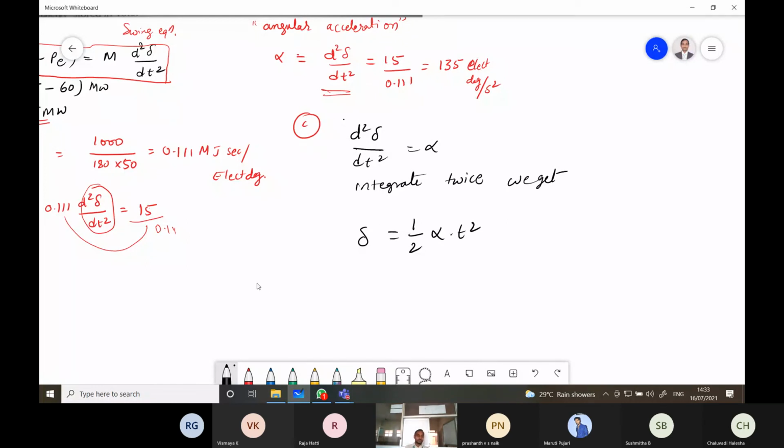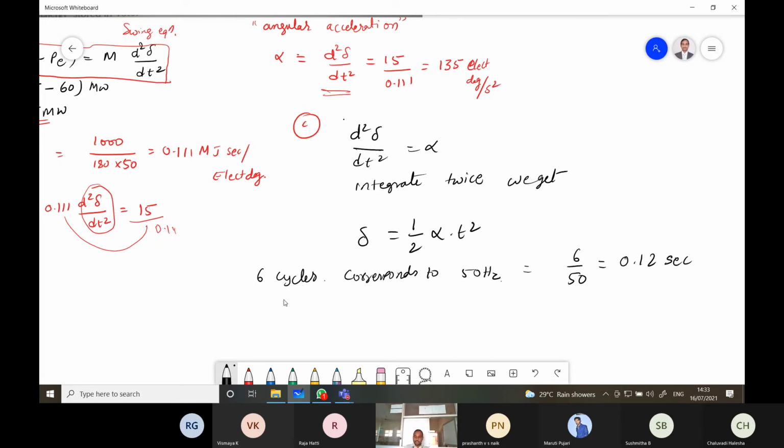In the problem he has given 6 cycles. So 6 cycles corresponds to 50 hertz, that is your frequency, right? So that is equal to 6 by 50. This gives 0.12 seconds.